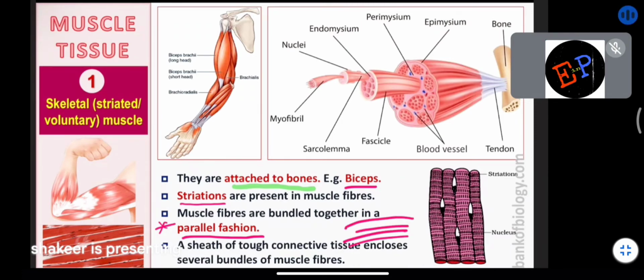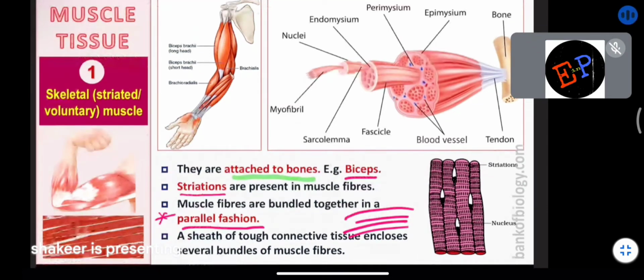Then a sheath of tough connective tissue encloses several bundles of muscle fibers. So this group of muscle fibers is again protected by another layer which is called tough connective tissue. Are you able to understand? Muscle tissues are a different kind of tissues, but they are again supported by connective tissues. Already we studied that connective tissues are present in the majority in the human body.